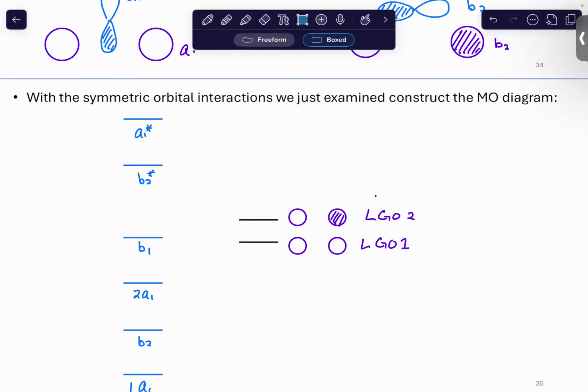And on the other side, let's go ahead and put in the symmetries for these.